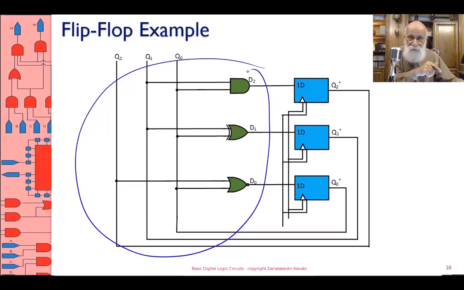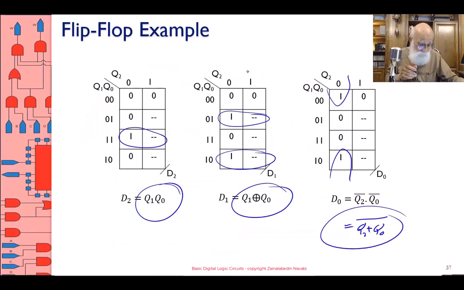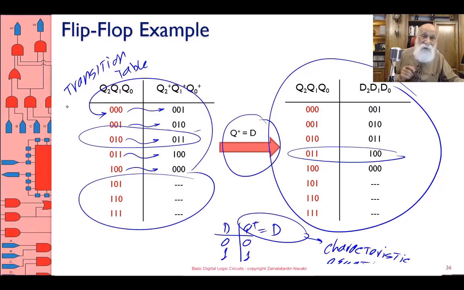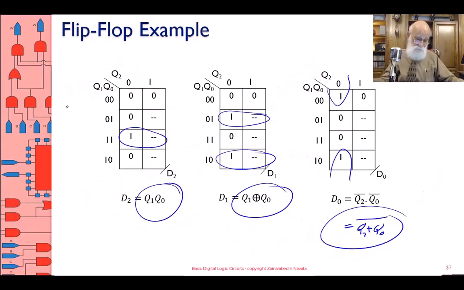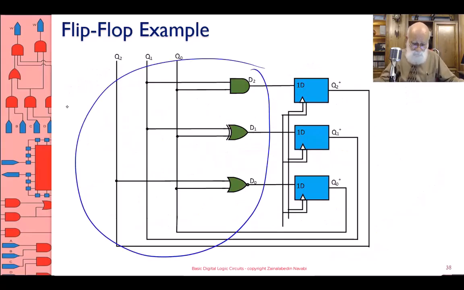But remember what I said: whatever you put on the D2, D1, D0 inputs of the 3 D flip-flops, you clock it, that becomes your Q plus. So with this, I have achieved this transition table and I have achieved this counter. I have built my counter. And this is exactly my counter.